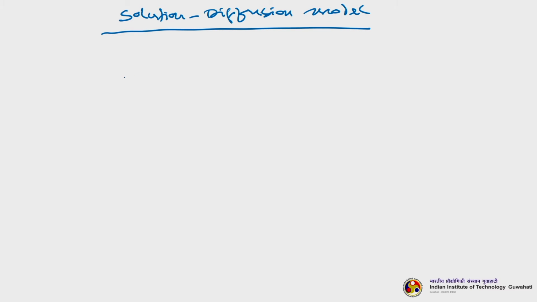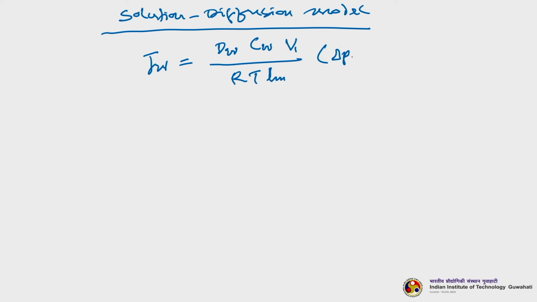Okay. So, the solution diffusion model. This model is very important in membrane calculations. So, I just rewrite this equation: Jw equals Dw Cw V1 divided by R T Lm into delta P minus delta pi.